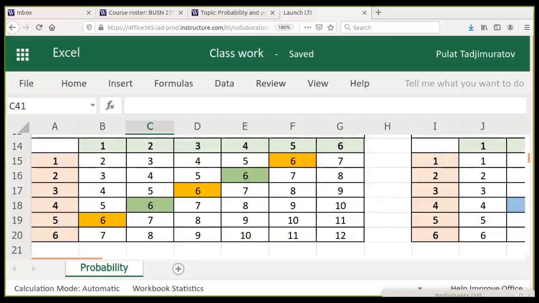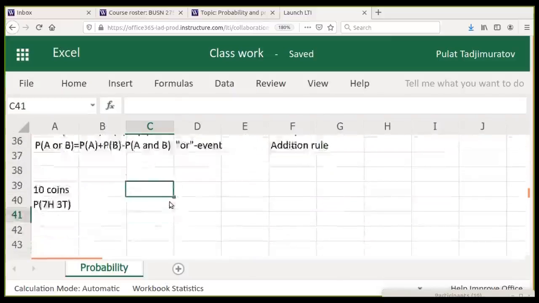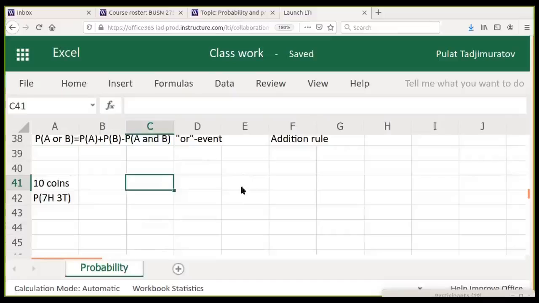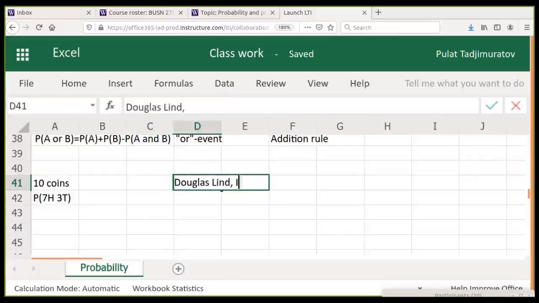And are we considering taking any book from the library? Well, there is a book by Douglas Lind. Let me check the name. Give me a moment. It was either an introduction to statistics or basic statistics.